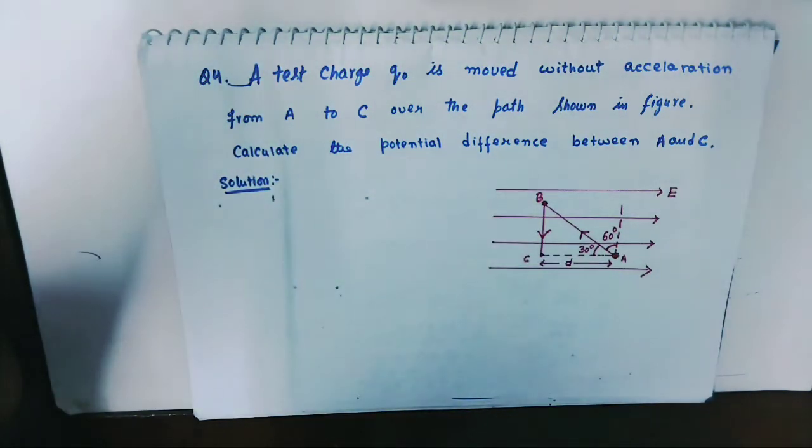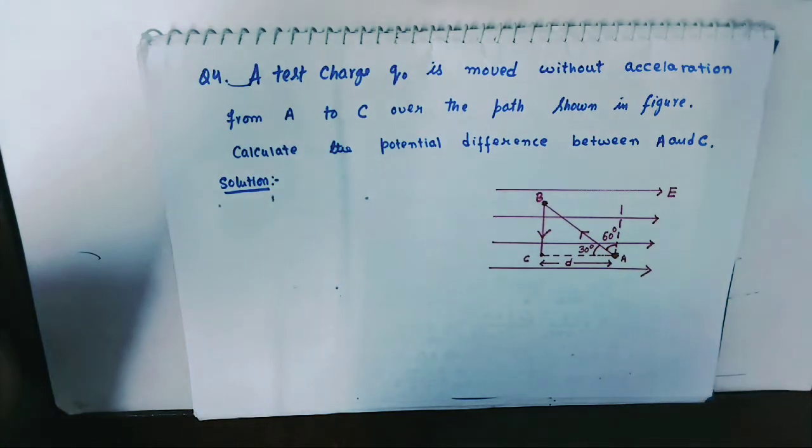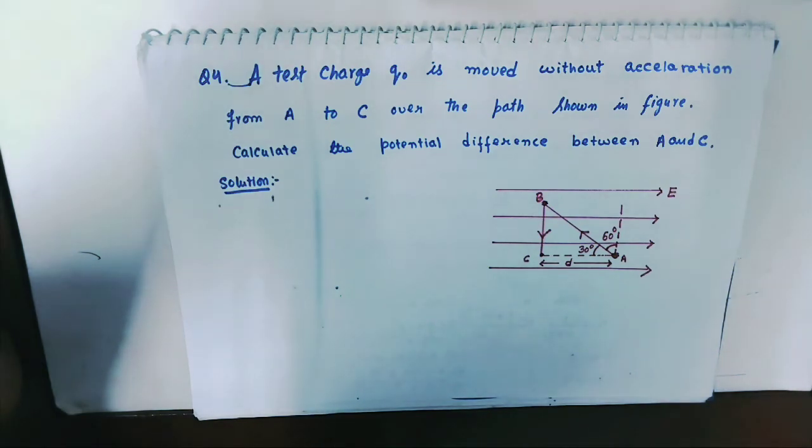The question says, a test charge Q0 is moved without acceleration from A to C over the path shown in the figure.